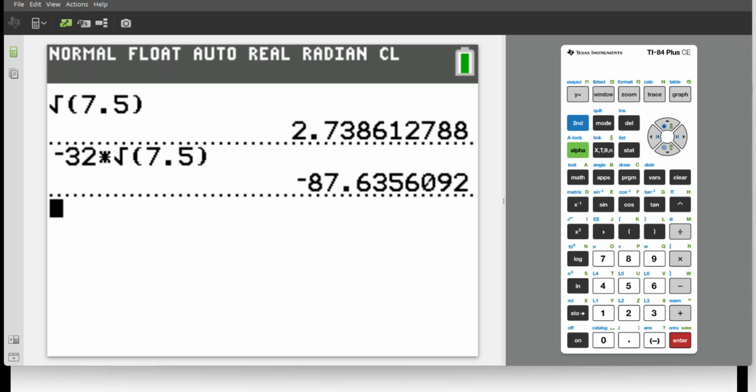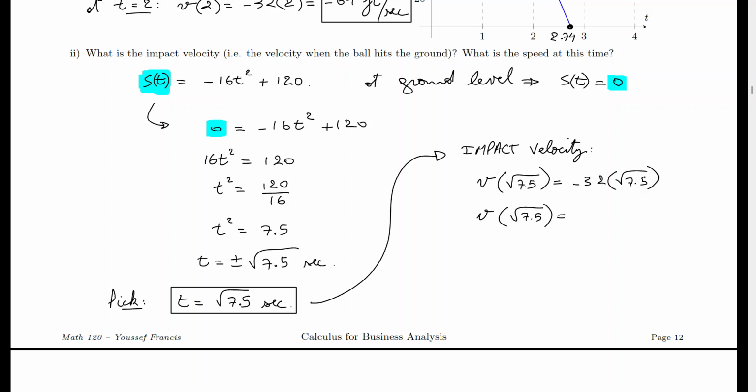They didn't really say which decimal place they want me to round to, so I'm just going to round to two decimal places by default. So let's say negative 87.64, and the units are going to be feet per second, because that's what we were told. So that is the velocity at the impact moment.